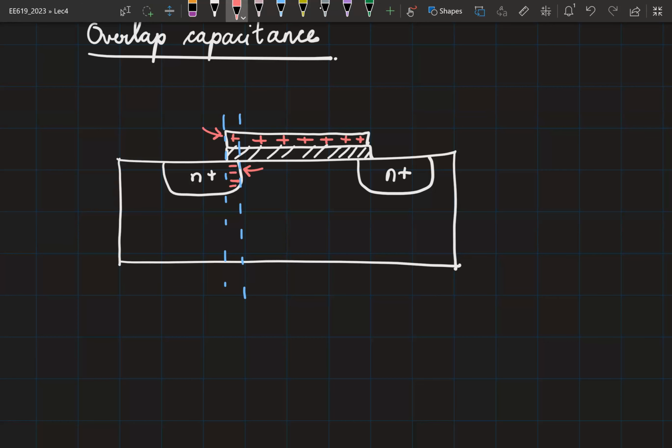Okay. So now if this width is LOV, L overlap, right? And into the plane of the paper, let's say this width is W. Can you tell me what is the value of this overlap capacitance?